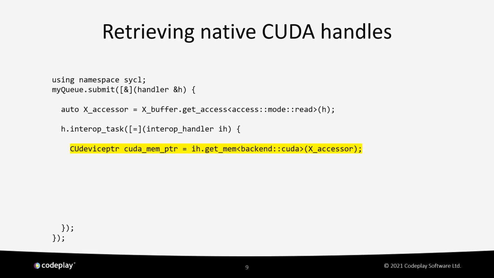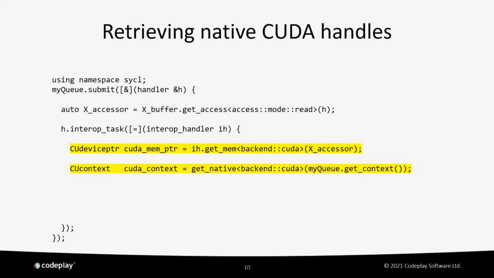Let's look at how to actually retrieve these handles using the SYCL API. Here we have created a command group and invoked an interop task with an interop handler parameter. In order to retrieve a cuDevice pointer, we need to call the getMem method provided by the interop handler, passing the accessor that represents the device memory we want to retrieve. In order to retrieve a CUDA context handle, we can use the getNative function with the backend CUDA template parameter.